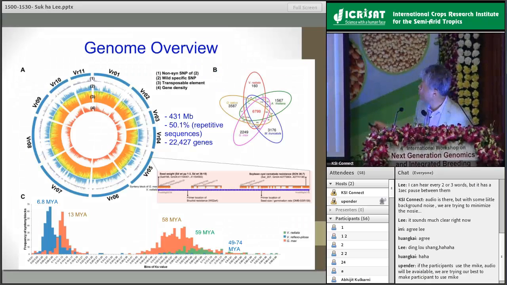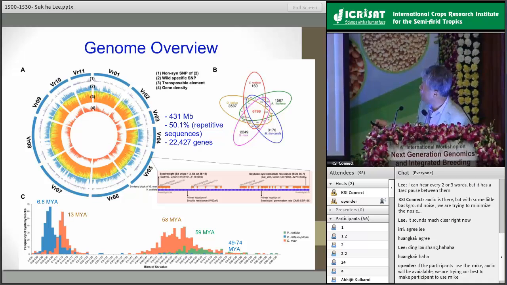Let me briefly introduce the genome overview of the mungbean. We completed about 431 megabase of the estimated genome size of 540, so about 80% of the estimated genome size was sequenced. Out of this, about 50% consists of repetitive sequences.